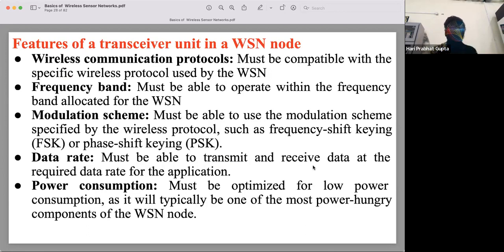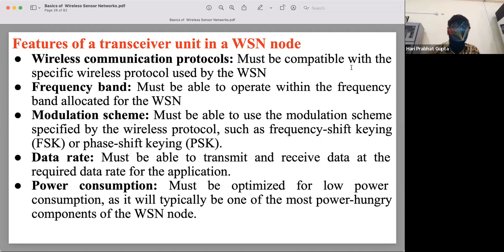Now, the features of this unit, that is, what features and qualities of service are required, are as follows. First is the communication protocol. Each node has communication capabilities, but they use different communication protocols. Say, for example, some nodes support Bluetooth, some nodes support Wi-Fi. So when you select this unit, you need to check which protocol is suitable for you.